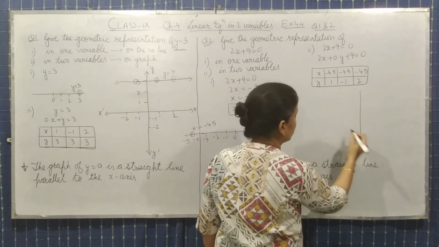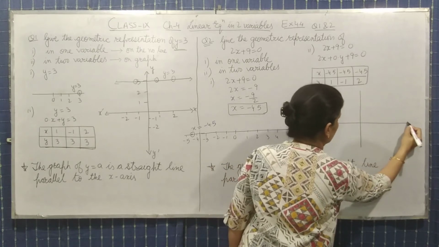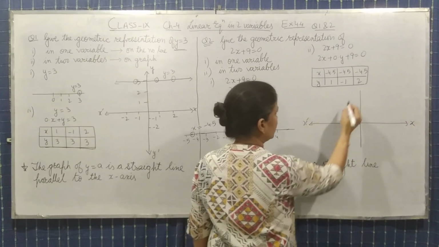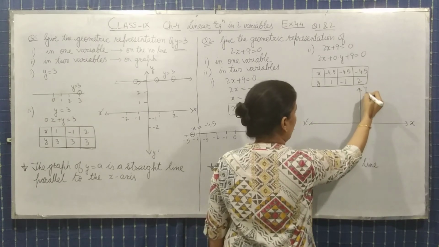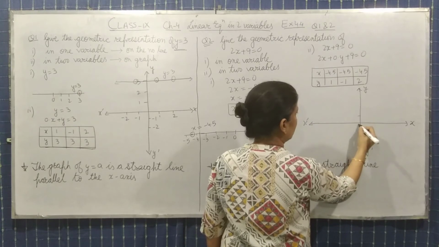Now we will show this on the graph. Let's see. X dash, X, Y and Y dash. This is 0.